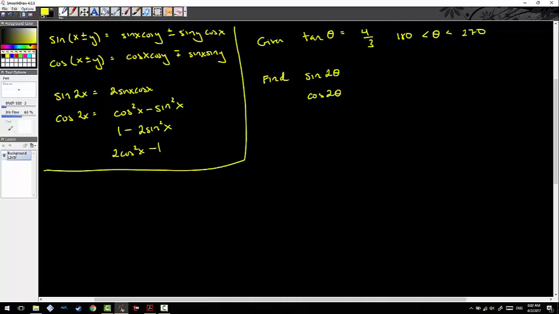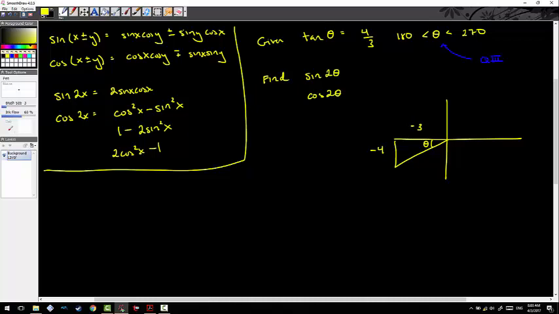Well, the first thing to note is that this piece of information is telling me that we are in quadrant 3. Why is that important? Well, if I look at the triangle in quadrant 3, that means that the 4/3, which is the opposite over the adjacent sides, are both going to be negative.